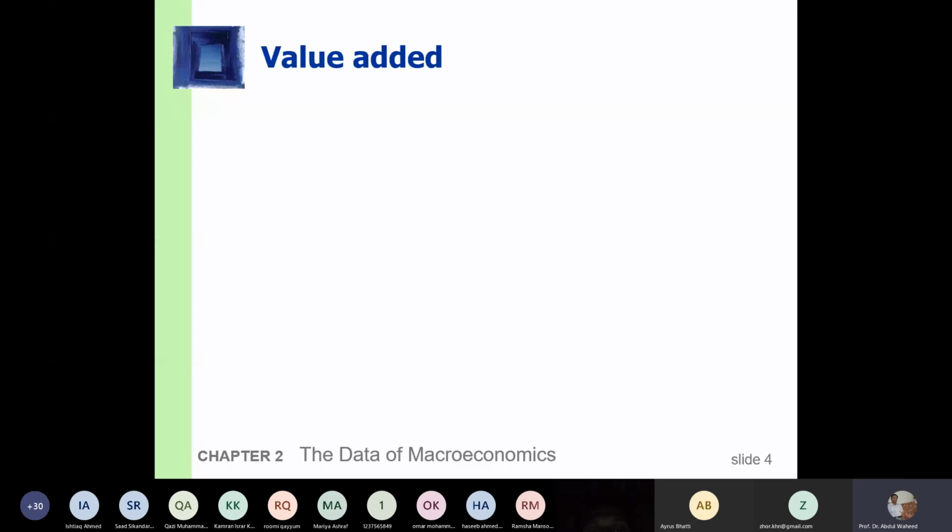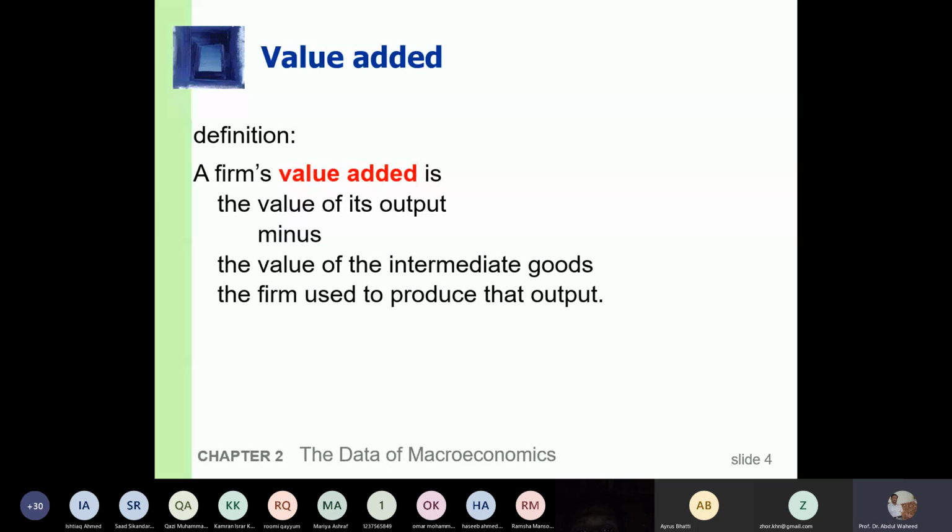Then there is the concept of value added. The value added of a firm is the value of its output minus the value of intermediate goods. Intermediate goods are the goods that a firm uses to produce output, and final goods are the goods that are purchased for immediate consumption, for immediate use.